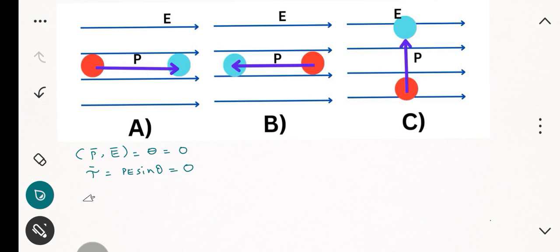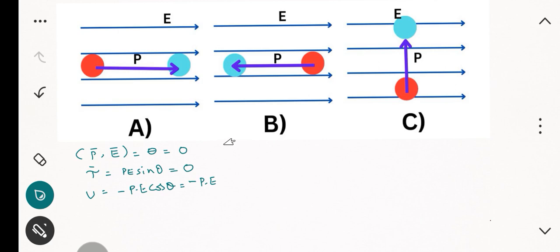In the same way, the electrostatic potential energy U is equal to minus PE cos theta, cos 0 means 1, therefore we get minus PE.